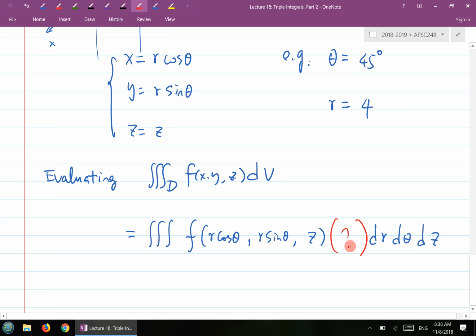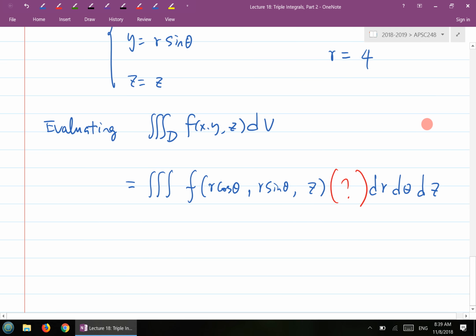It's actually pretty straightforward. The first step when you find a Jacobian is to write down the connection between your original x, y, z and the new r, theta, z. So we create the so-called transformation vector function.